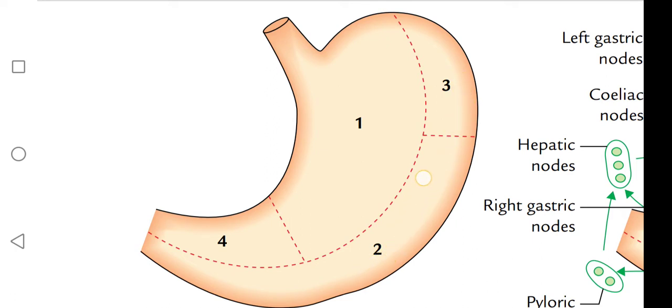And in 1 and 4, which number is smaller? 1. In 3 and 2, which number is smaller? 2. That means the 2/3 area, this is the 2/3 area of the right and this is the 2/3 area of the left, has the lower number.